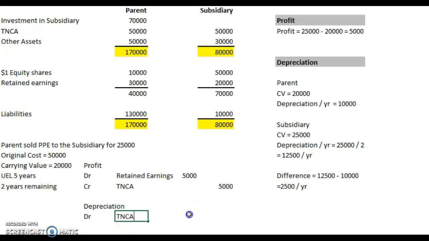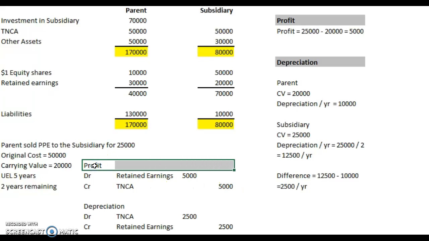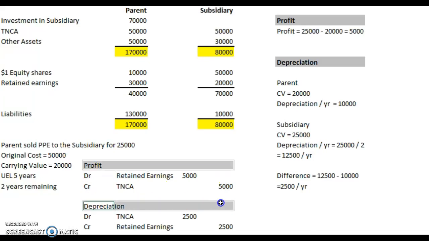Debit to increase assets, and how much was that? 2,500. And in this case we're going to credit retained earnings by the same amount, 2,500. So you can see in some ways these two adjustments balance each other off slightly.